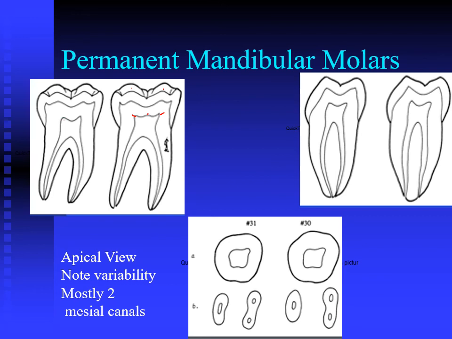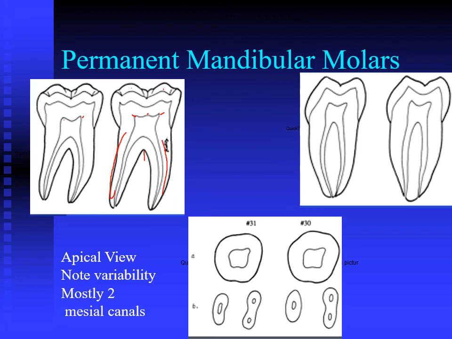Again, in the facial view, we have a mesial pulp horn and a distal pulp horn. You will see 2 root canal systems. You'll have a root canal system for the mesial root with a bifurcation, and a distal root being a little straighter, the mesial root being a little more curved.